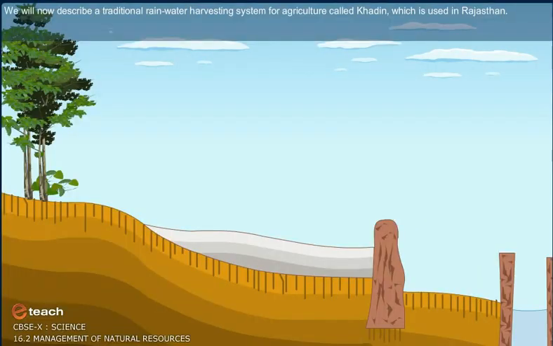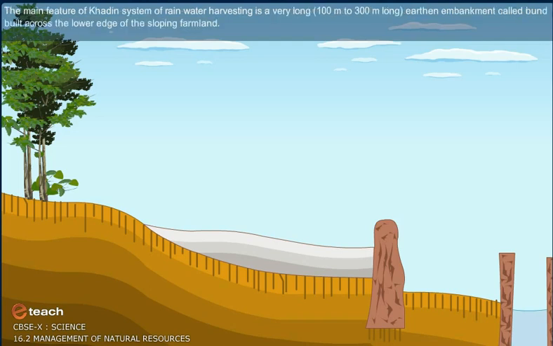We will now describe a traditional rainwater harvesting system for agriculture called Khadeen, which is used in Rajasthan. The main feature of Khadeen system of rainwater harvesting is a very long, that is 100 meter to 300 meter long earthen embankment called bund, built across the lower edge of the sloping farmland.